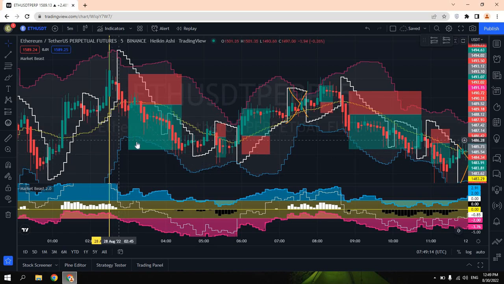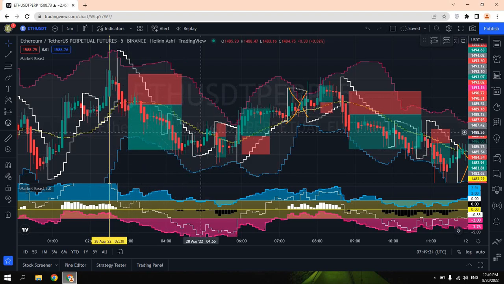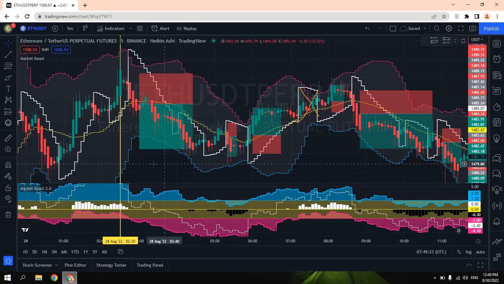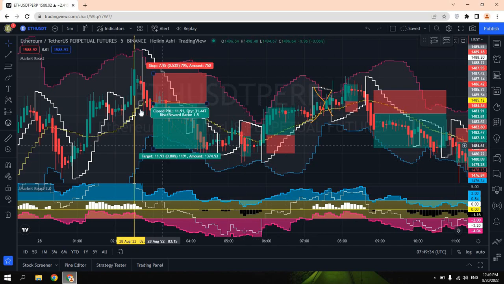This blue area means this is a support area from where the market will rise. What these two middle lines mean, let me tell you. Our trigger area will be this yellow line, this curly yellow line. Whenever we break this area, we will take long or short.